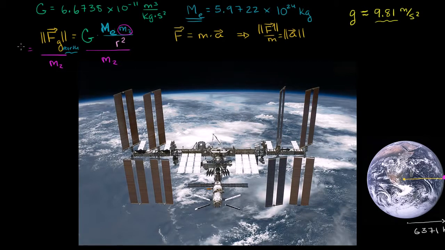So this is equal to the magnitude of the acceleration due to gravity. And the whole reason this is a simplifying thing is that this m2 and this m2 cancel out.